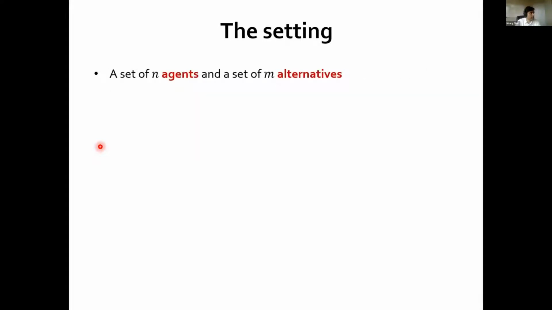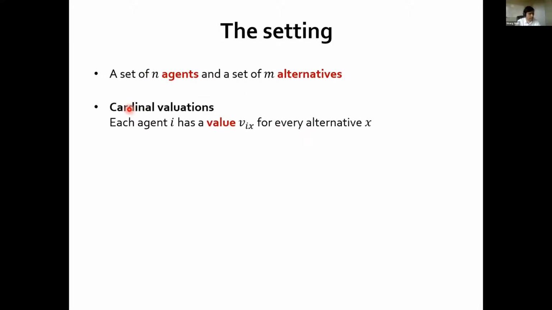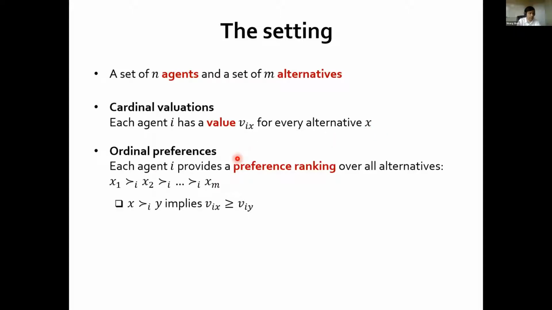So let me introduce my basic notation. We have n agents, m alternatives, and we assume that each agent has a value for every alternative. However, they don't report these values. What they report is a preference ranking over all alternatives, consistent with their actual values, but we don't immediately have access to them.